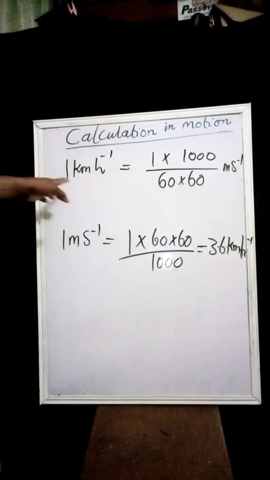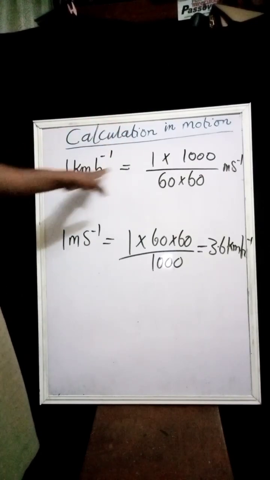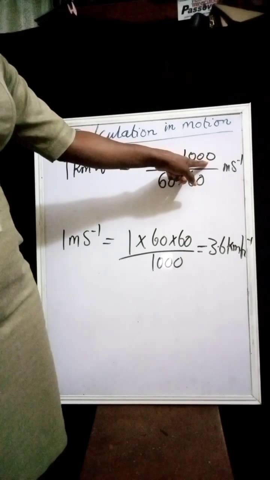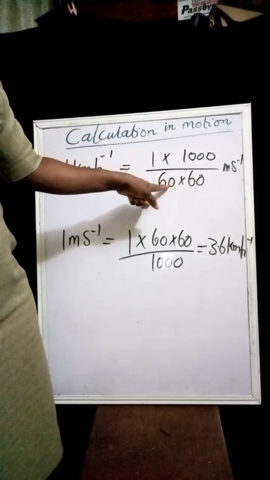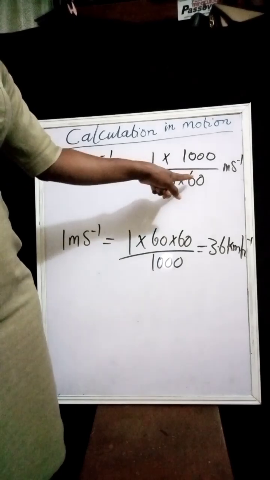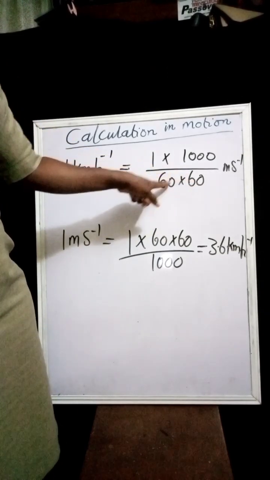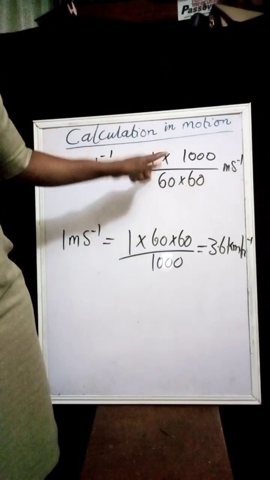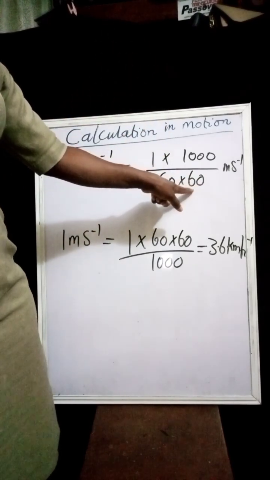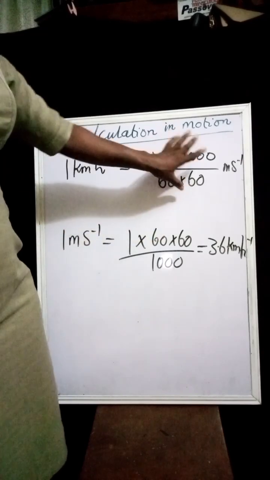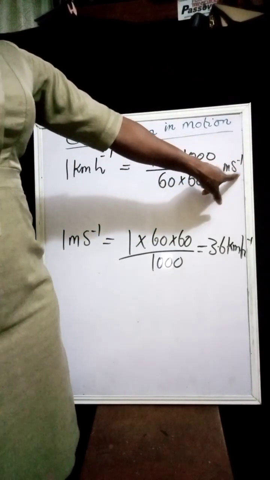I just picked the value of the velocity and multiplied it by 1000 and divided by 60 multiplied by 60. This 60 is minutes and seconds. Converting from hour to seconds means you multiply by 60 and by 60, which gives you 3600. Whatever value it gives you will be in meter per second.